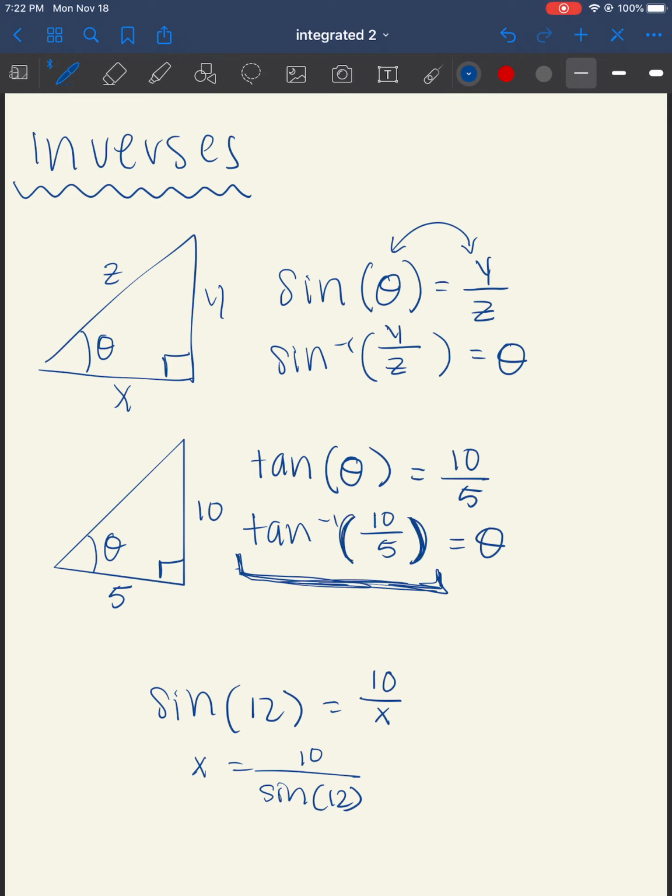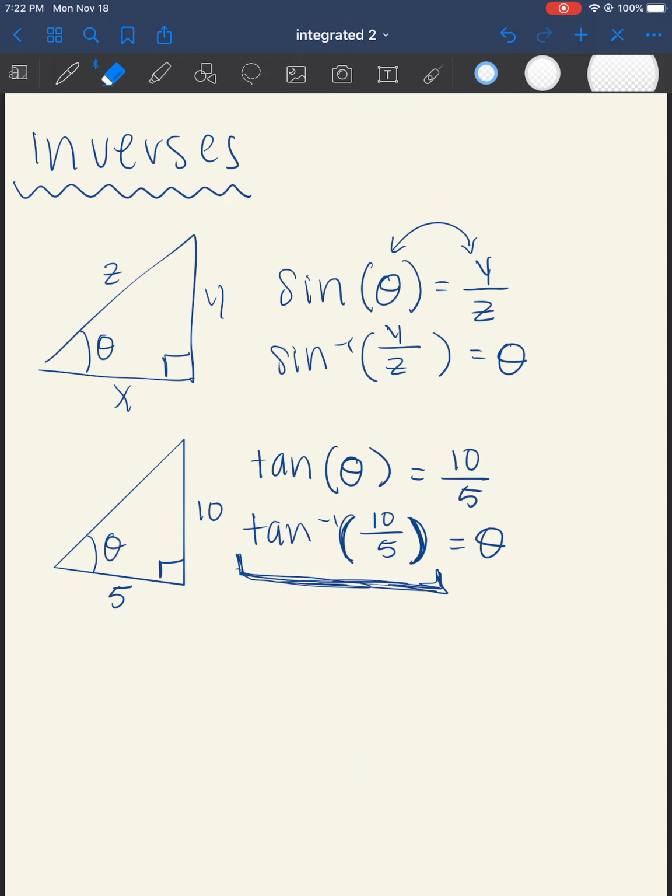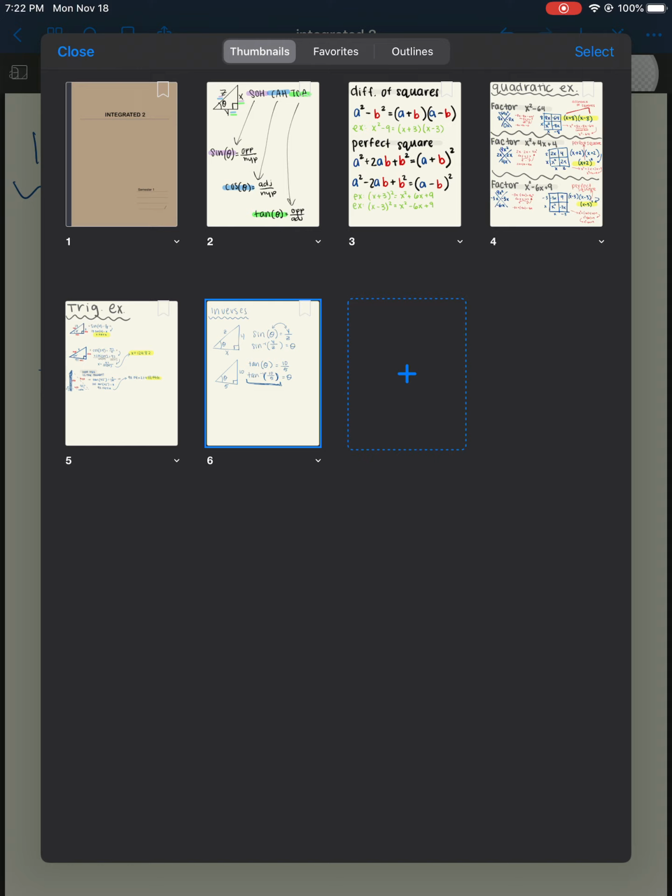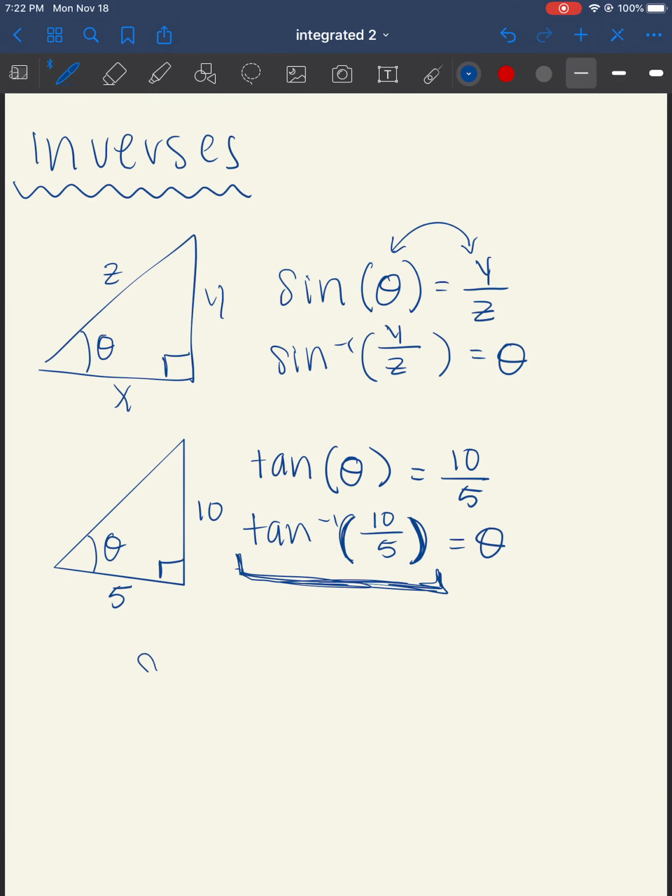So let's say you have the inverse sine of 25 over 3, which is equal to theta. When you're plugging this into the calculator, it should look like this: sine -1.